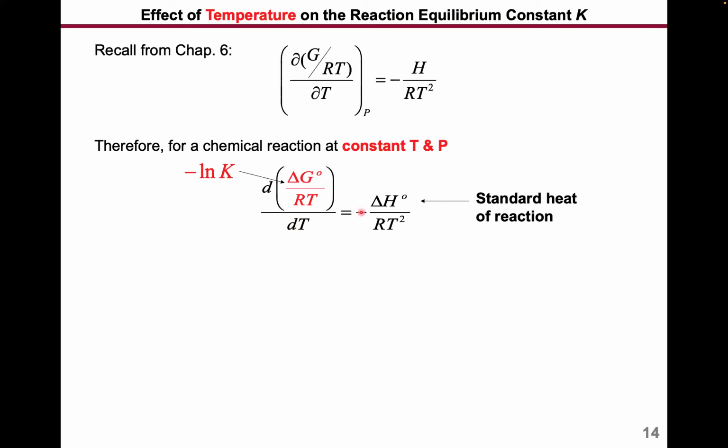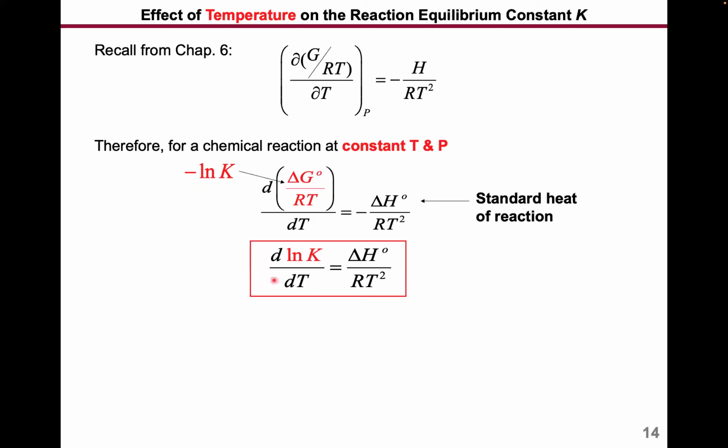So it's going to be, again, if you replace this with delta G°, then here you will have delta H°. So this is the standard heat of reaction. This is the standard Gibbs energy of the reaction. And then this whole thing highlighted in red is going to be minus natural log K. So the minus sign cancels.